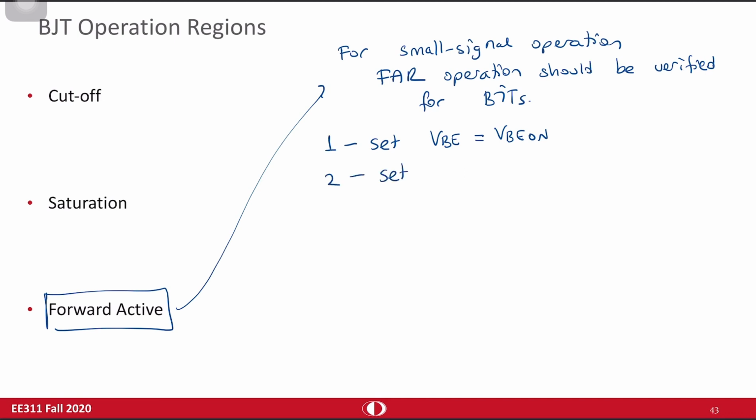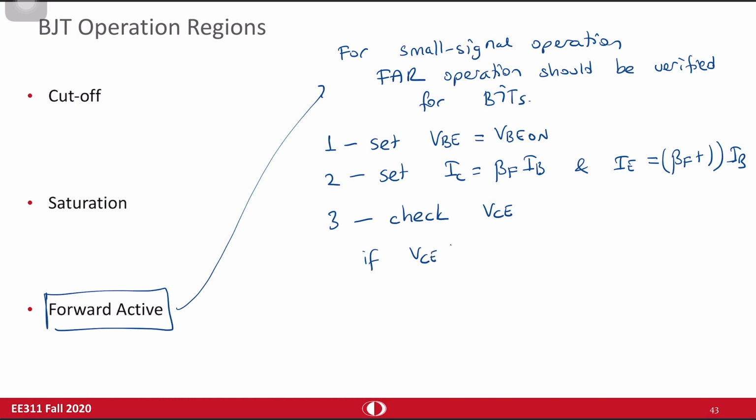Second, set IC equal to beta F times I base and IE equal to beta F plus 1 times I base. Then, third step, check VCE. If VCE is larger than VCE SAT, the forward active assumption is correct.